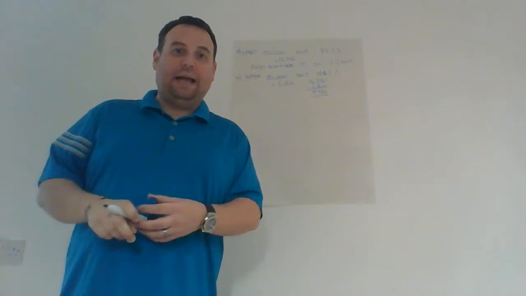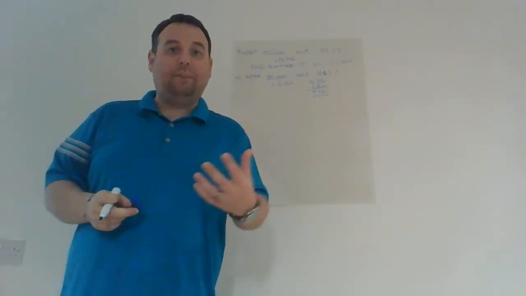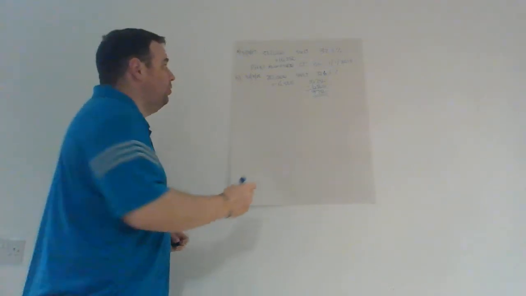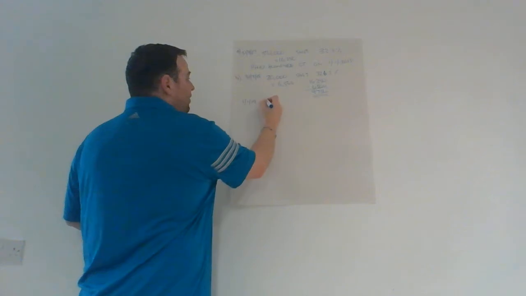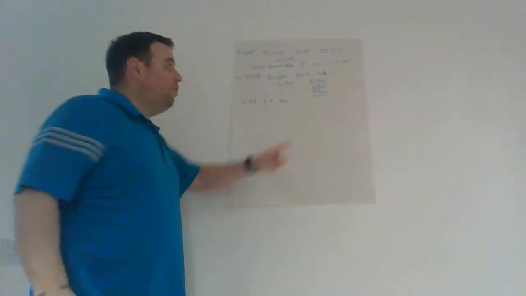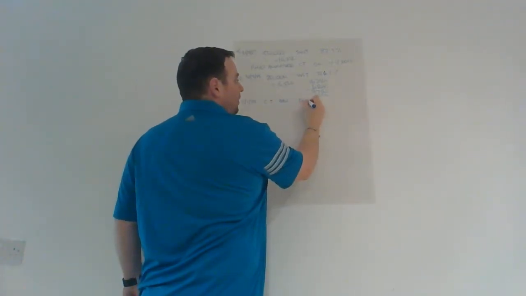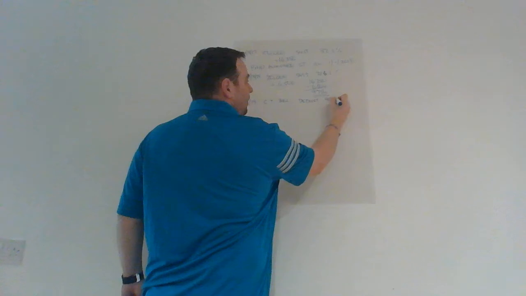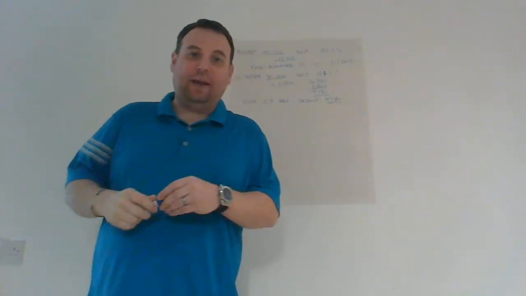And they can claim it back alongside their corporation tax payment. So the next time they have corporation tax due, which will be the 1st of January 19, they will reduce that payment by 9,750. They do not receive cash back from HMRC.